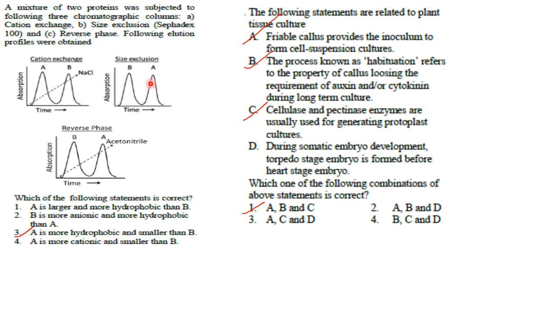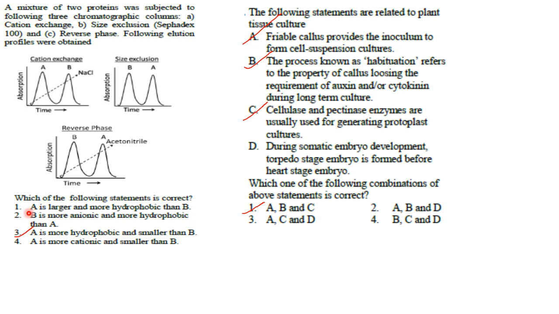Size exclusion, A is smaller, that is why it got eluted last, and B is larger, so it eluted first. So A will enter through the pores of the Sephadex and it will elute last because of its smaller size. Then in reverse phase chromatographic column, A is more hydrophobic than B. So that is why A got eluted in the end.